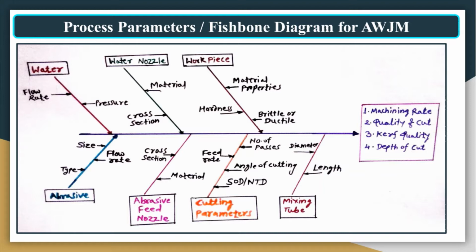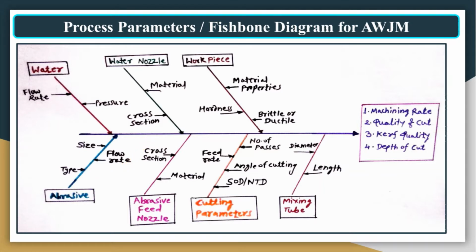Then the workpiece material, whether it is brittle or ductile, will decide the material removal rate and the mechanism of material removal. So these are the process parameters. Also we have the abrasive particle size. The mesh size of the abrasive particle is also important, whether they are coarse or fine, and the type of abrasive particles, whether it is silicon carbide or alumina or another type of abrasive, is also important to know.